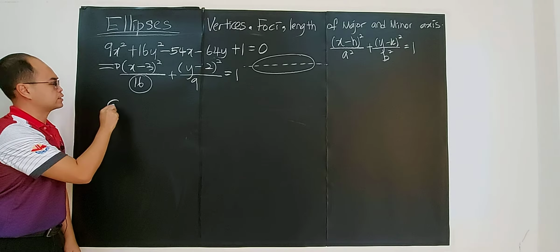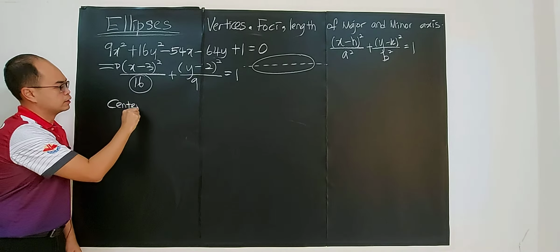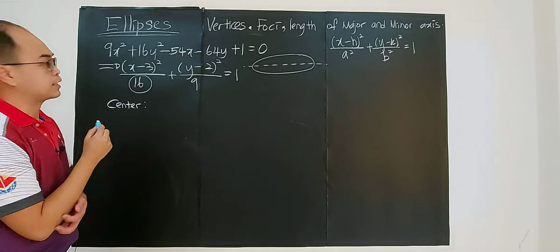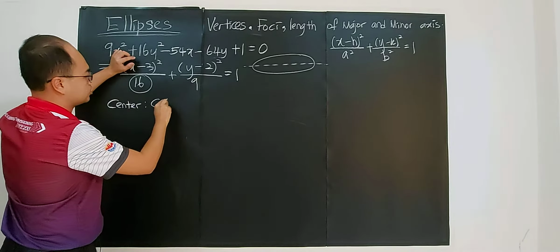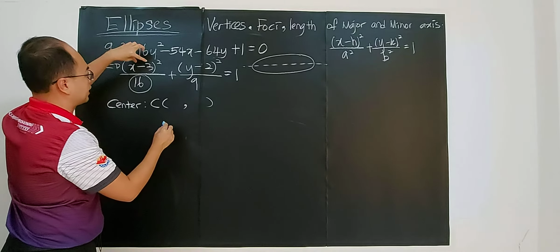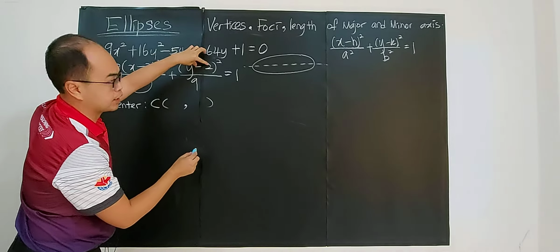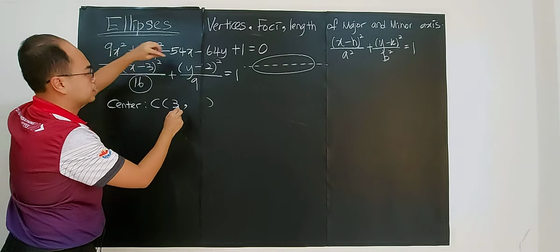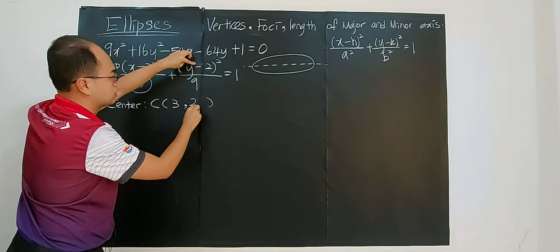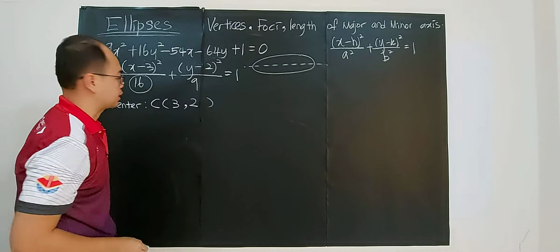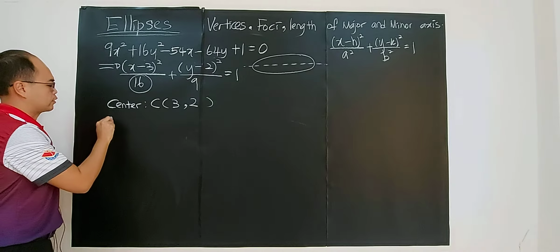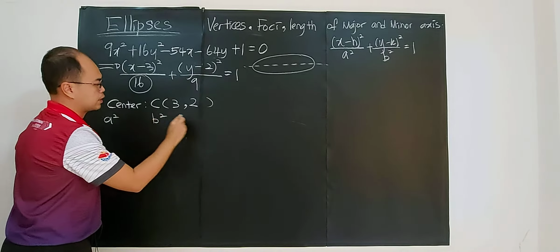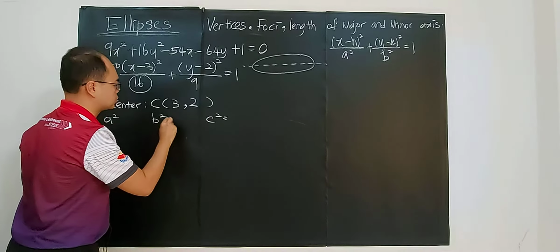For now, the first thing is the center. The center in this case will be very easy, I have taught you before. If you have negative 3 and negative 2 in the brackets, the center is the negatives of those, so negative 3 becomes positive 3, and negative 2 becomes 2. So the center is (3, 2). And you have a squared, b squared, c squared. This is all the information needed.